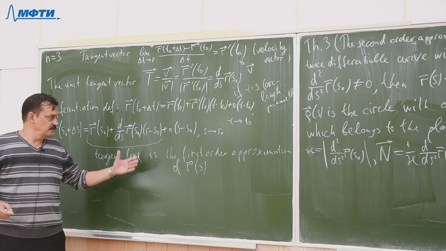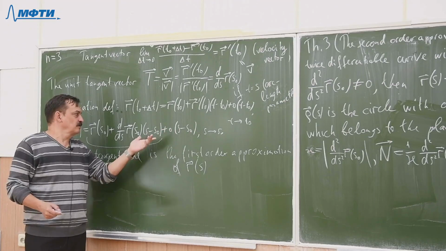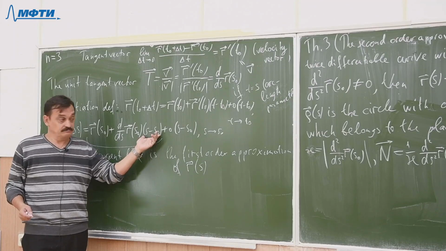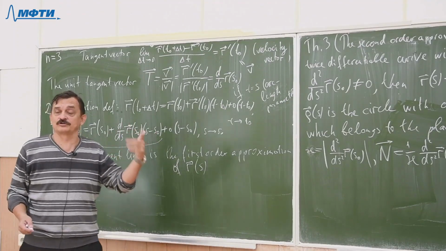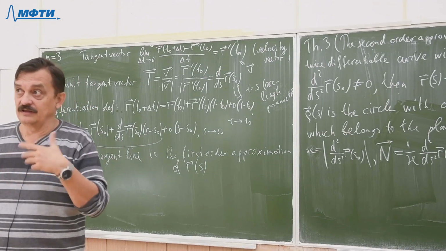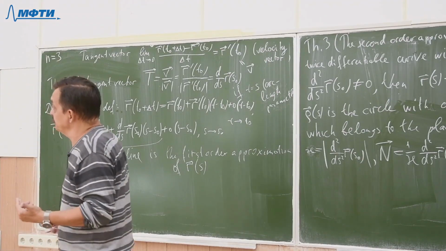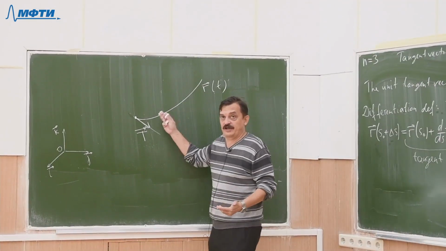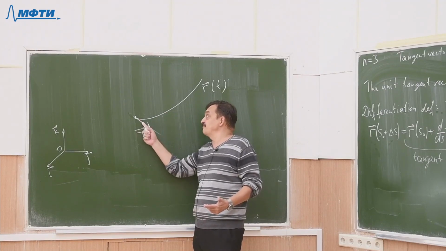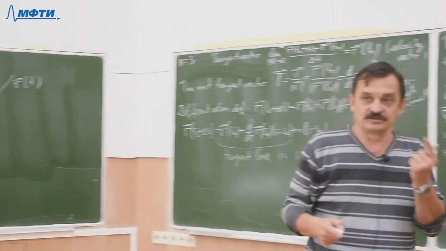We looked at what happens with curve if we forget all terms of order greater than 1. S minus S naught, power 2, and so on, we forget about them. We don't care, right? That is how we obtain the first order approximation. And the first order approximation to arbitrary curve in the space is nothing else but the tangent line. And it gives the first vector for our frame, T, unit tangent vector.